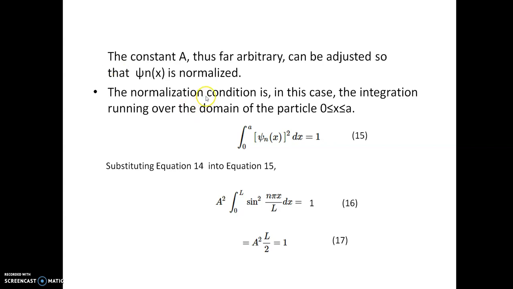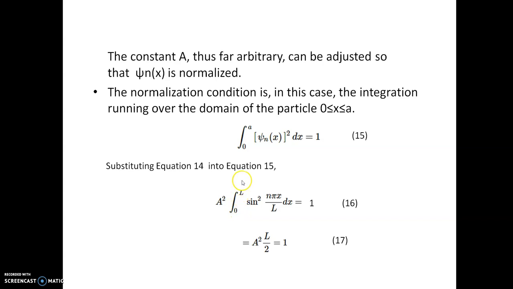We know the normalization condition is, within the limits 0 to any value a, integral of psi n of x the whole squared into dx equal to 1. This is the normalization condition which all of you know. Here we have the two limits, not 0 to a but 0 to L, the boundaries between 0 and L, the particle existing between these two boundaries.